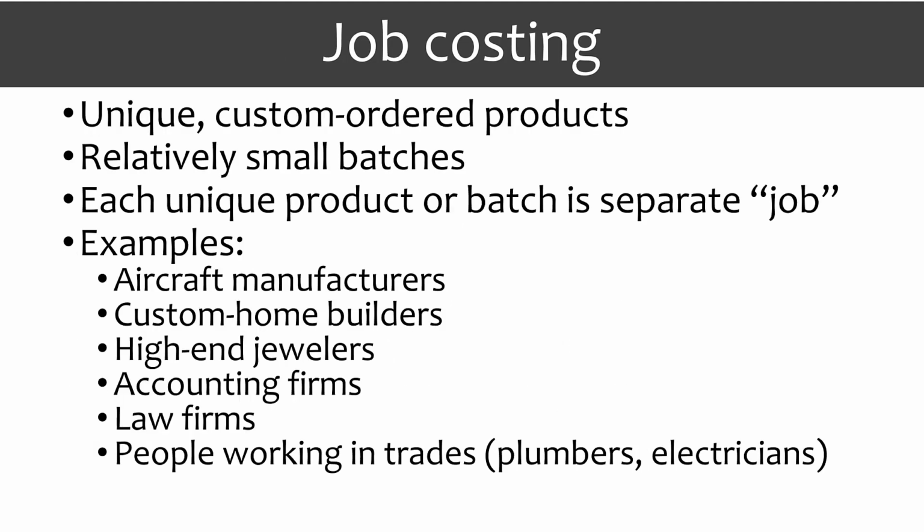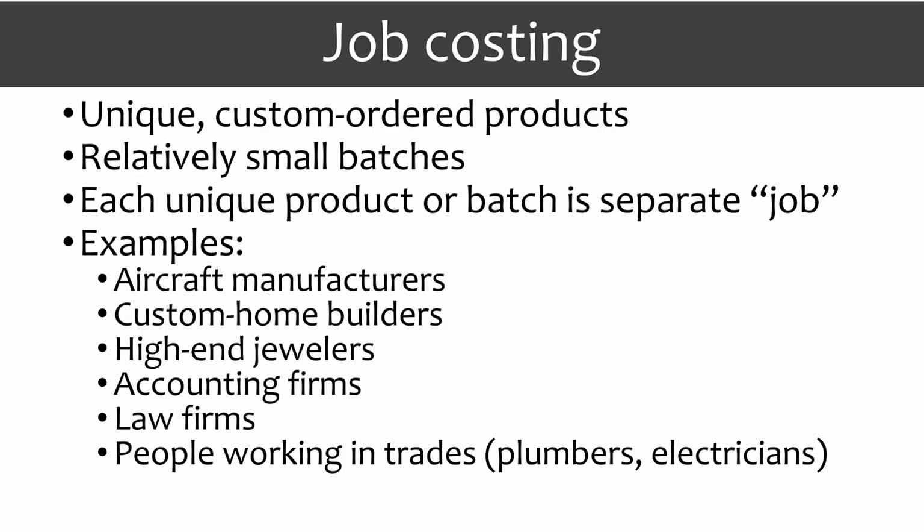Whereas process costing is used by companies that mass manufacture identical units, job costing, also called job order costing, is used by companies that produce unique, custom-ordered products or relatively small batches of different products. Each unique product or batch of units is considered a separate job.